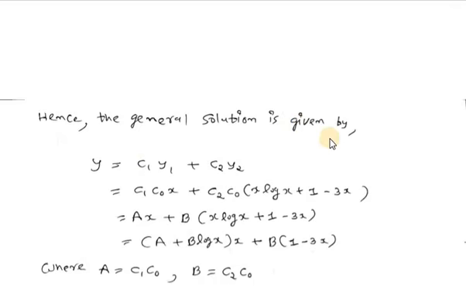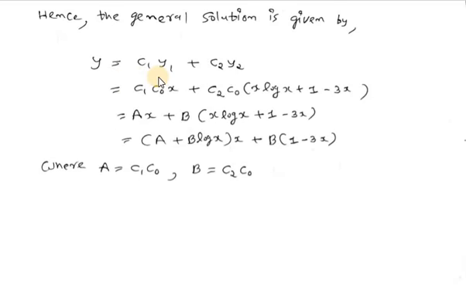Now the general solution is given by y equals c1 y1 plus c2 y2. So y1 is c0 x and y2 is c0 into (x log x plus 1 minus 3x). This c1 and c2 will be as it is. Now replacing c1 c0 by a, it will become ax. Then c2 c0 by b, it will become b into (x log x plus 1 minus 3x).